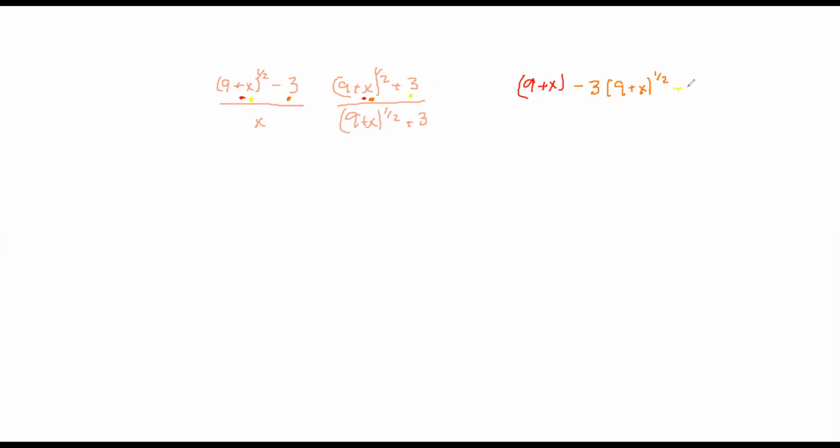So that's plus 3, 9 plus x to the 1/2. And then finally, we're ending it with this. So that's plus 9. Yeah? Minus 9? Minus 9. Sorry. Do not apologize for correcting me, because I would have walked through that whole problem with that plus 9. We're all tired.